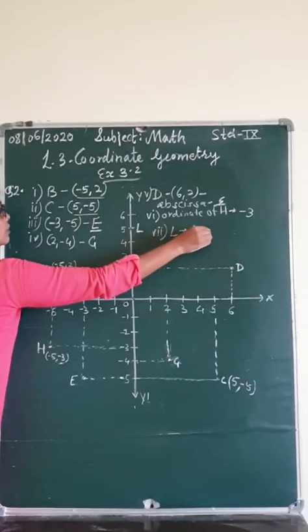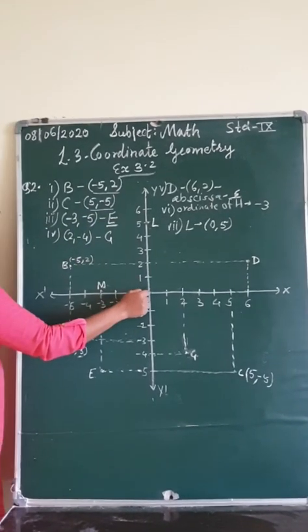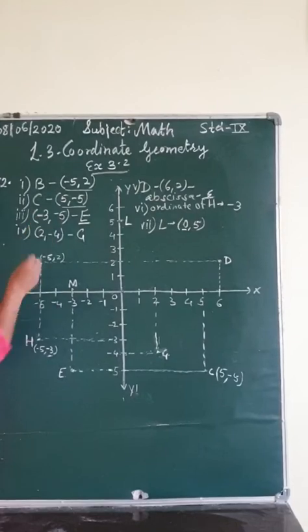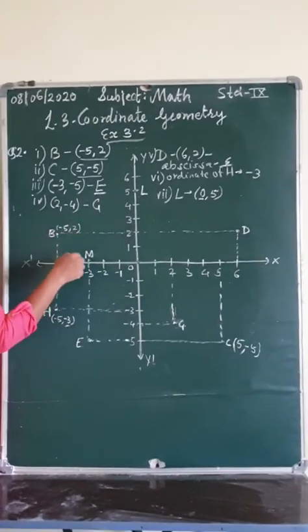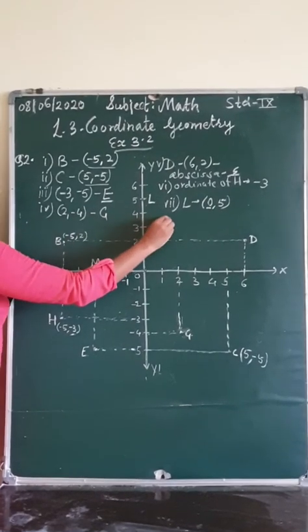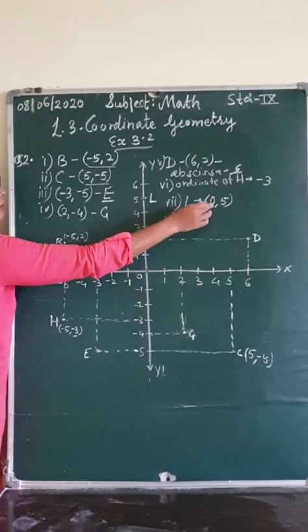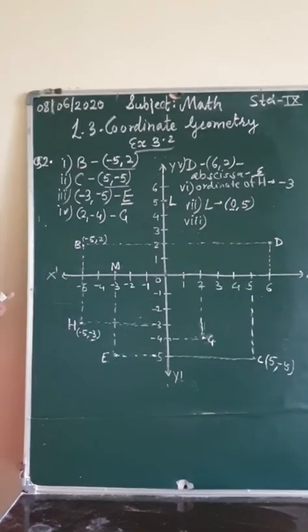It means a point lying on any of the axis. Suppose it is lying on y-axis, its x coordinate is 0. If point is lying on x-axis, its y coordinate is 0. So these are the coordinates of L, where x coordinate is 0 and y is 5.